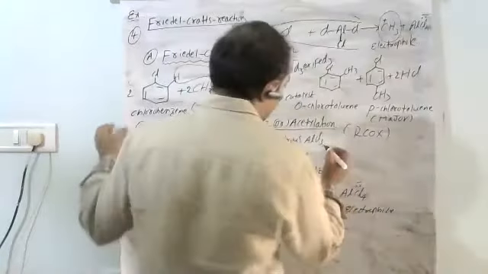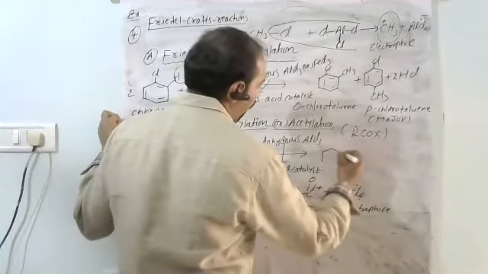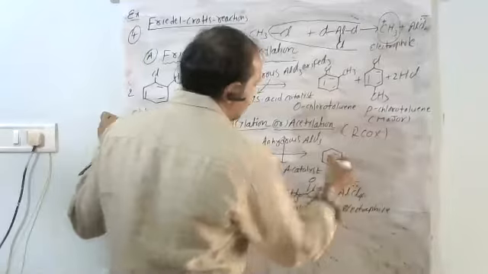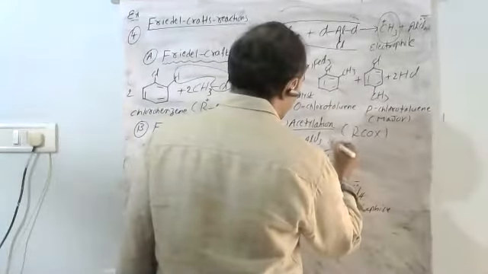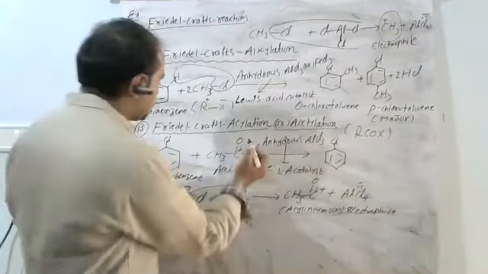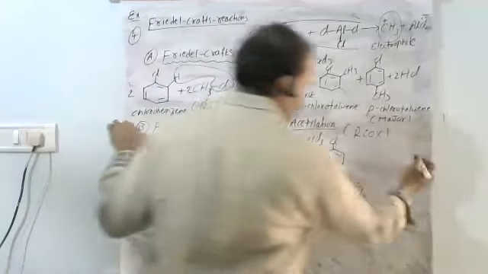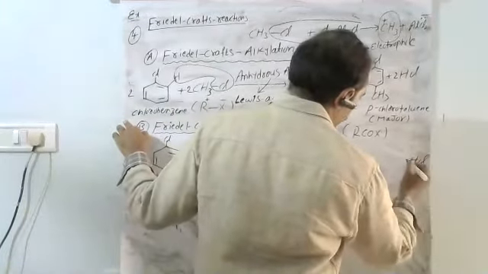2-chloroacetophenone and 4-chloroacetophenone. Good. Now here, benzene as it is, with chlorine. Here Cl minus leaves as HCl, 2 moles.